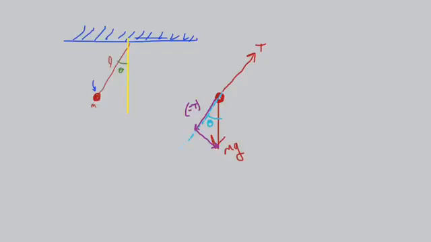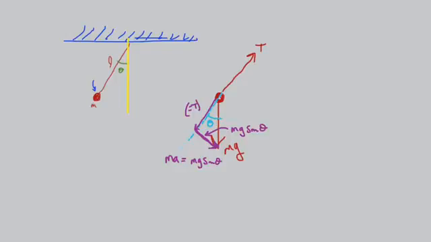It is going to be accelerating at a particular point back down in this direction. And this value right here is the net force on it. So this net force is going to equal ma, but this force right here is just mg sine theta. So mass times acceleration of our bob at any particular point away from the center point of the swing is mg sine theta.